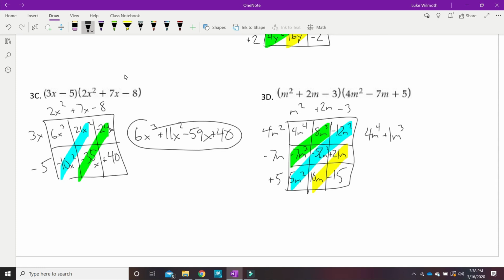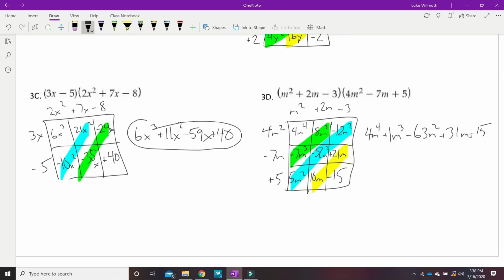Negative 56 minus 12 plus 5, negative 63. And then 21 plus 10 is 31. Not 21. Minus 15.